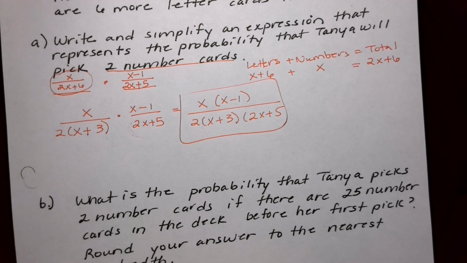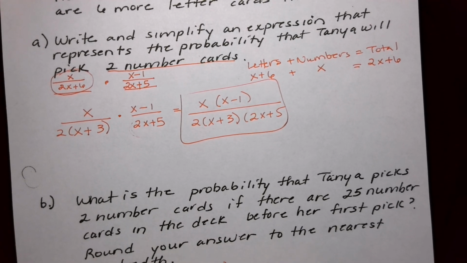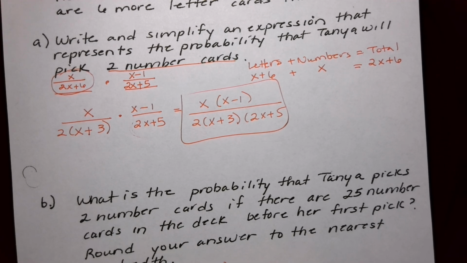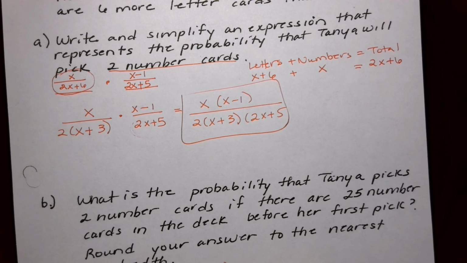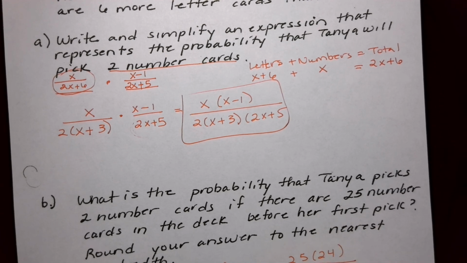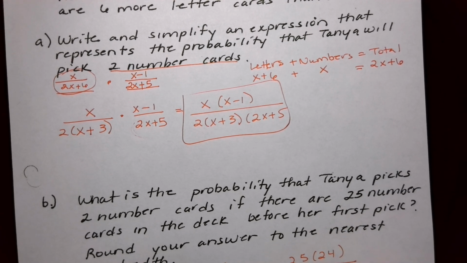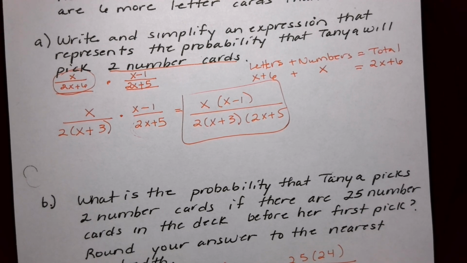So 25 times 25 minus 1, 2 times 25 plus 3, 2 times 25 plus 5. So it's 25 times 24 all over 2 times 28. I'm doing all the parentheses if you haven't figured that out. 50 plus 5, 55.